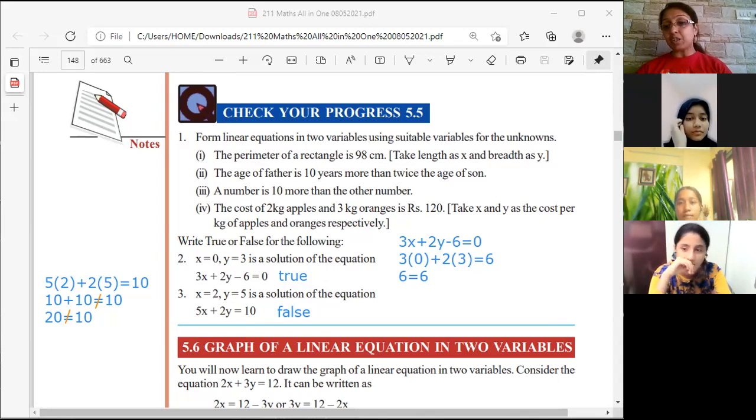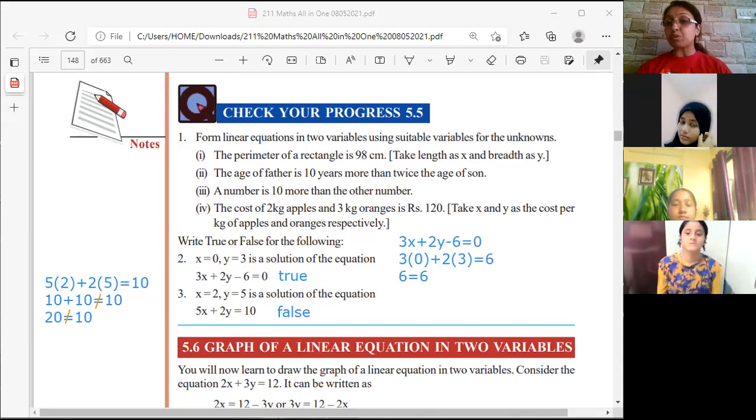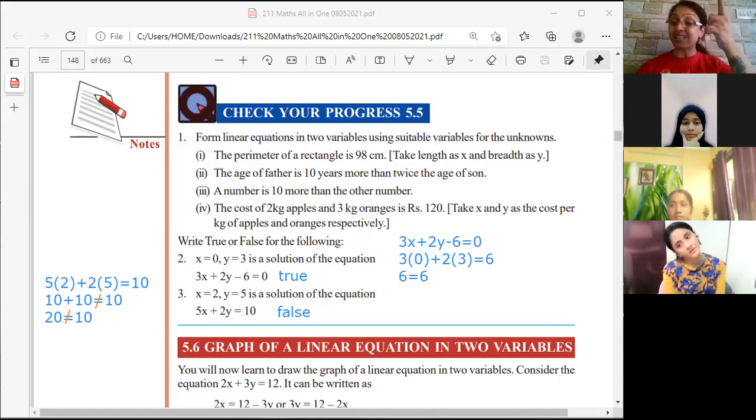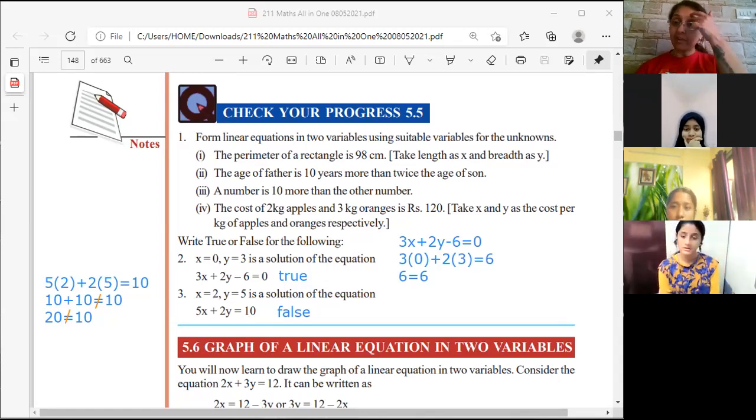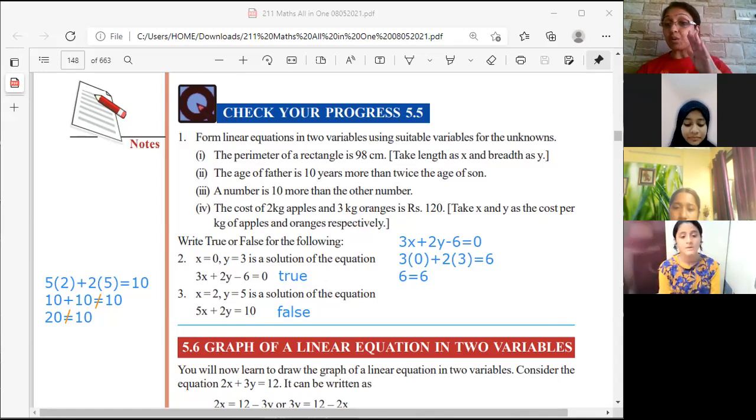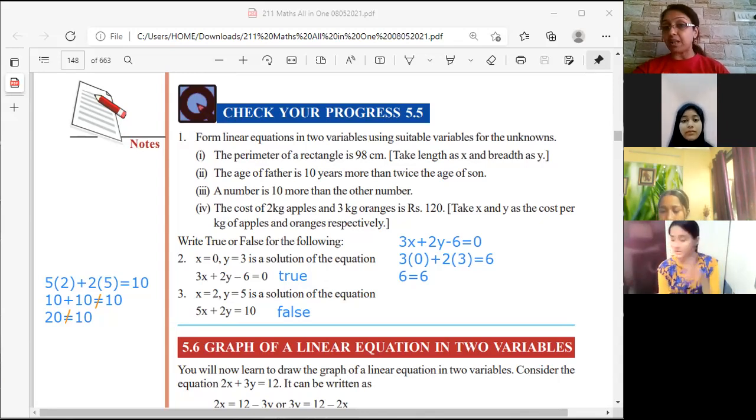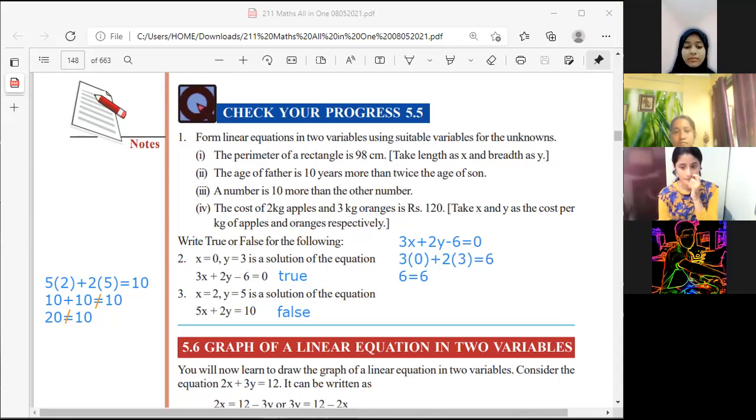So either you have 5 or 6 graph papers, or you have a graph book so that you can maintain it till your 10th standard to refer to it. Whatever we are doing now, we have to store it for next year also, so that when we revise, we should be able to do it. So please buy a graph book, and by the next maths class, I will not let you sit for the lecture if you don't have a graph book. It's going to be a waste for you to sit for the lecture if you don't have a graph.